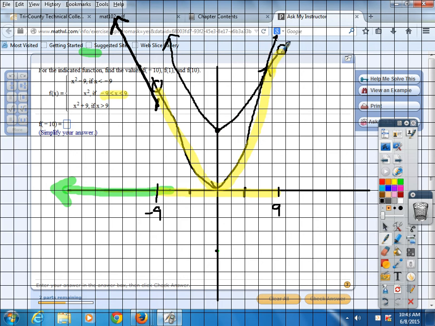Well, it's taking off at where? X is equal to +9, so it's taking off right here and going what? Infinity. And that is, we'll use blue. That's right here, and that's right here, and that's right here. And that green is right here.